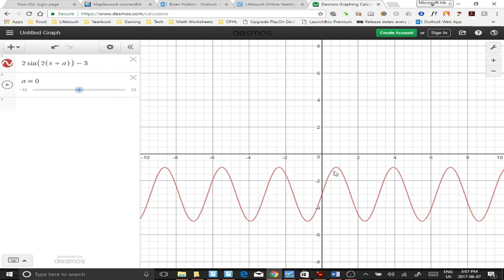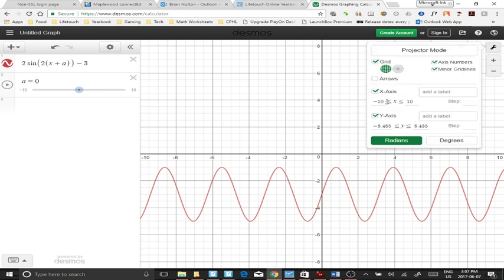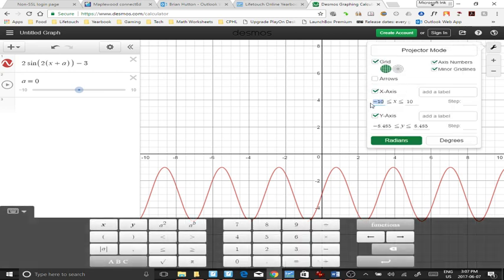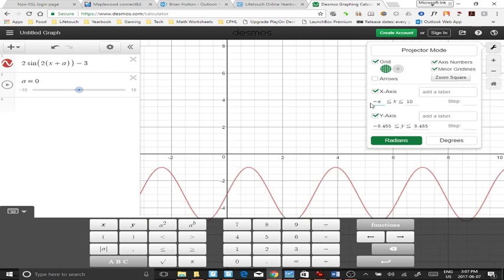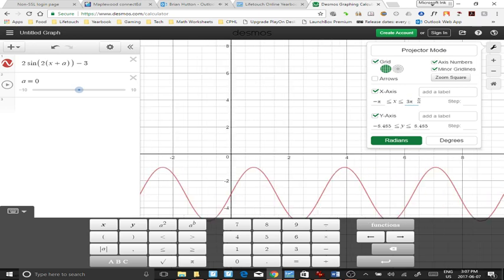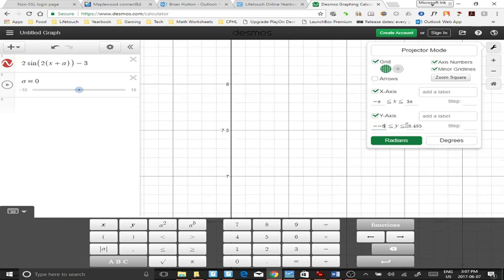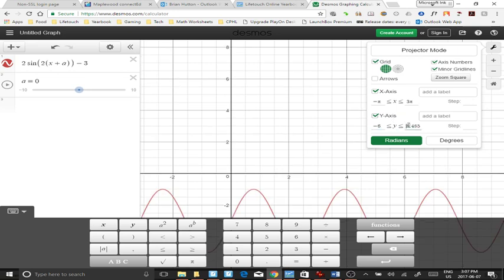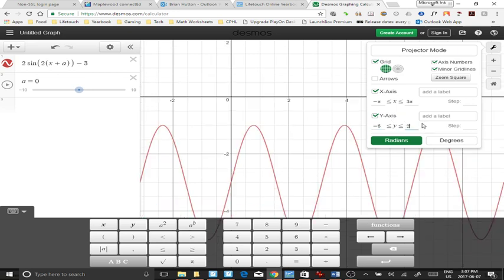Okay, so this is what the graph would look like, but I just want to set up the scale so it looks reasonable. I want to go from, say, negative pi to 3 pi, and I want to go from negative 6 to 2.